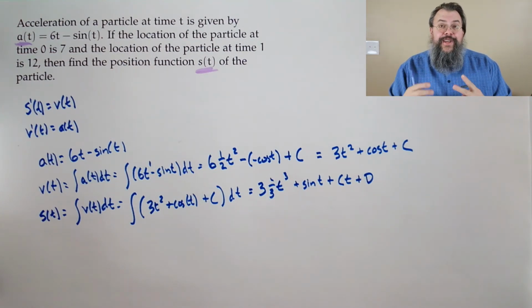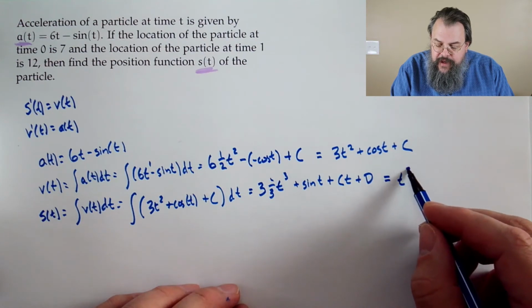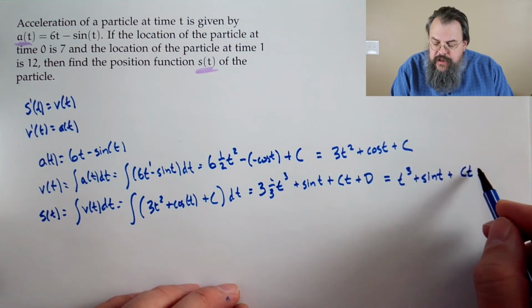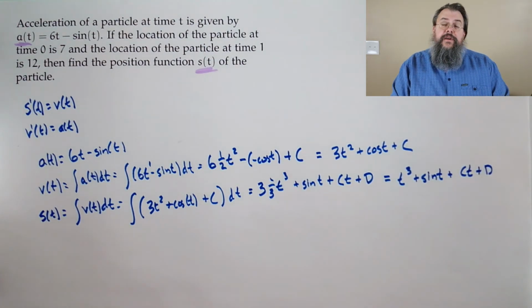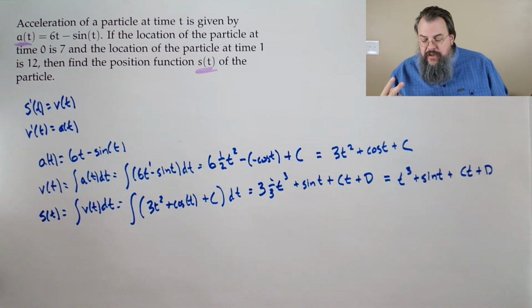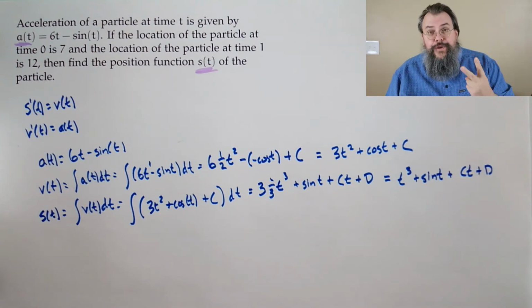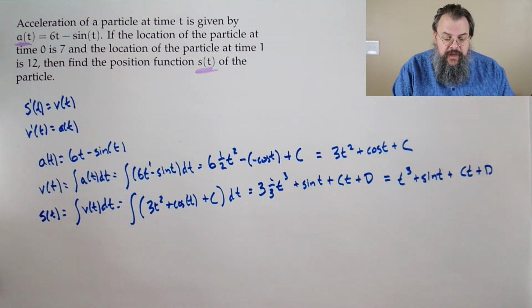So we really are not done because we don't have the function yet. What we have is the function up to figuring out what the values for C and D are. Since we have to take two antiderivatives, we need to solve for two constants, so we need two pieces of information. So what's our information that we have?